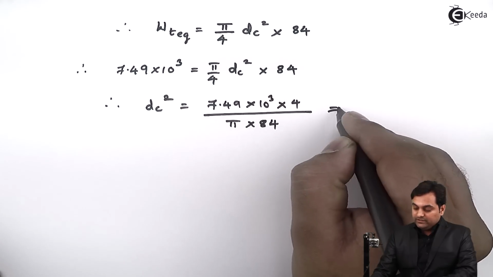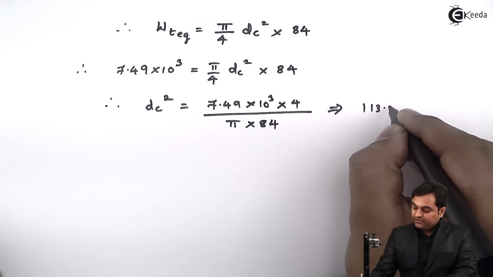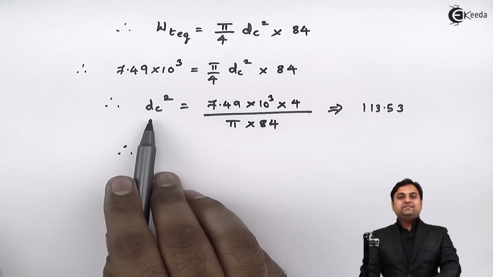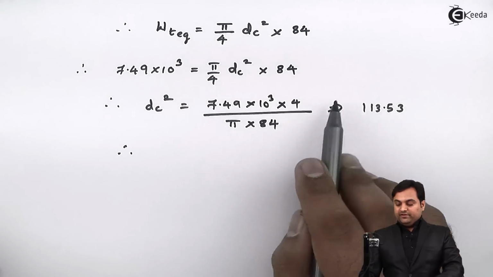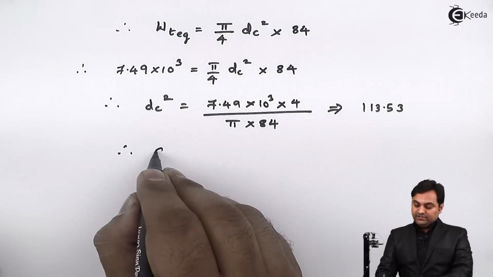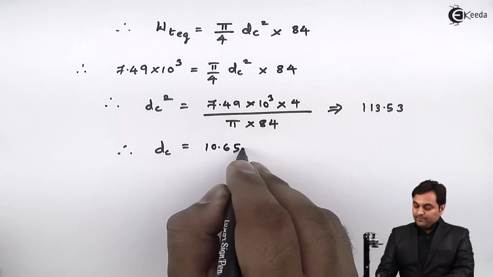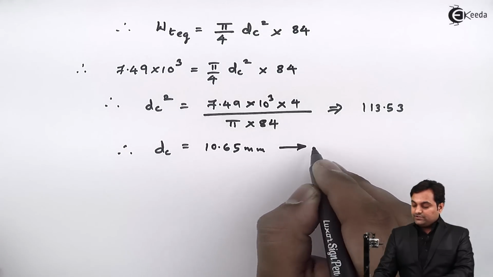So here I'll get the answer of DC square, which is 113.53, and here we need to calculate DC, that is the core diameter, so we have to take square root of this answer. So DC comes out to be 10.65 mm, our first answer.